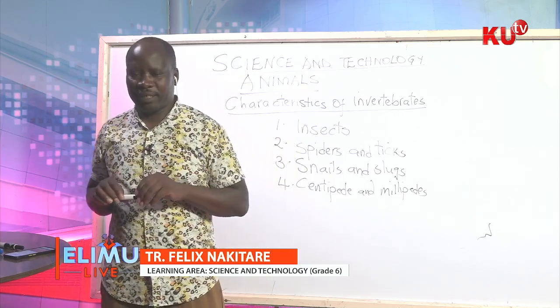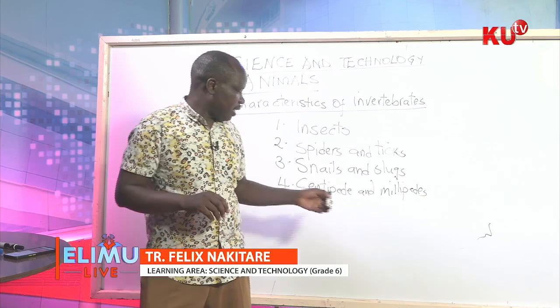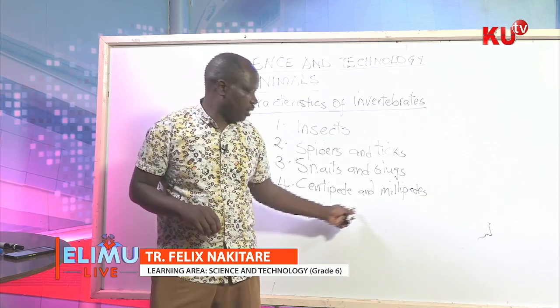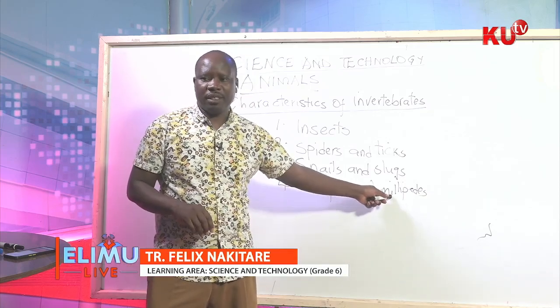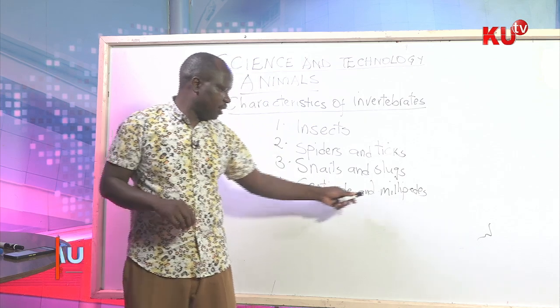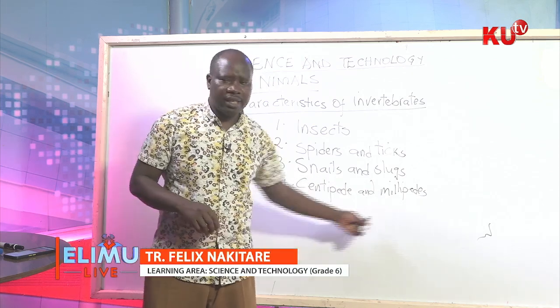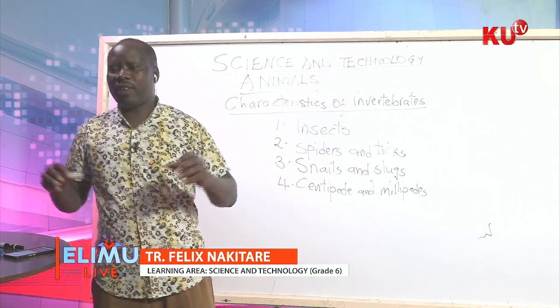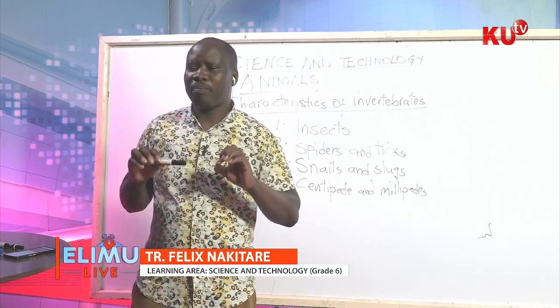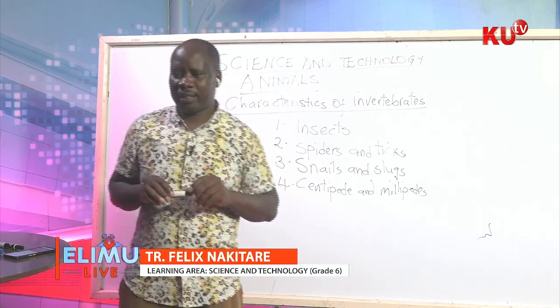And I differentiated. I said centipedes have fewer legs than millipedes, or millipedes have more legs than centipedes. Now, how do we differentiate the number of legs again, apart from being very many?